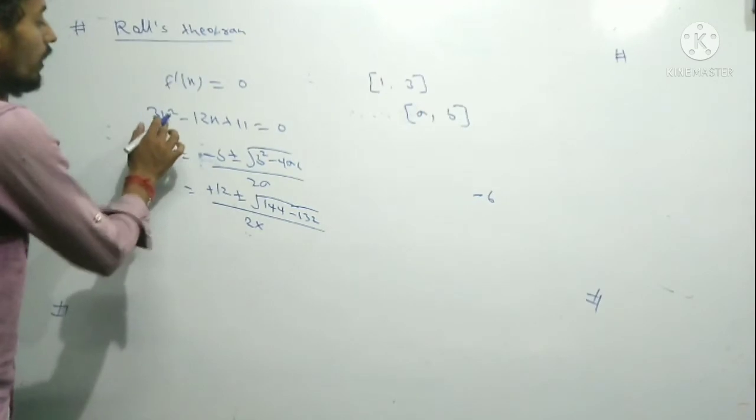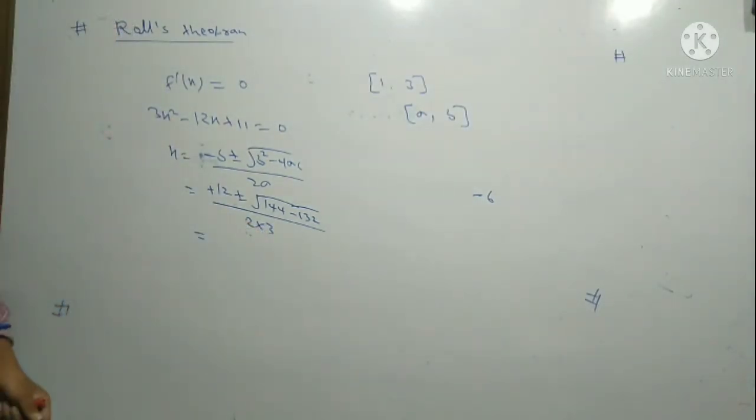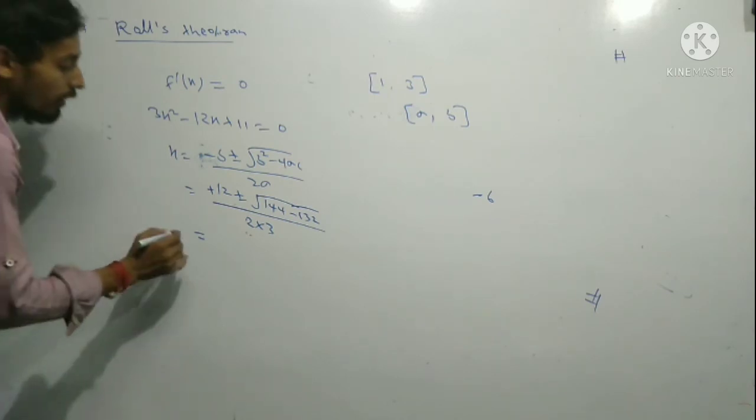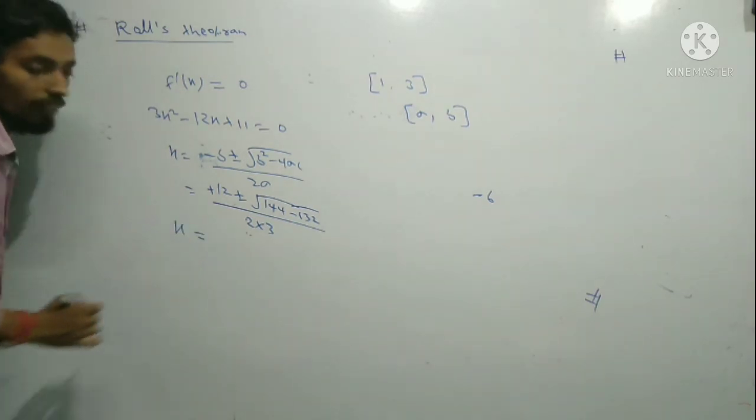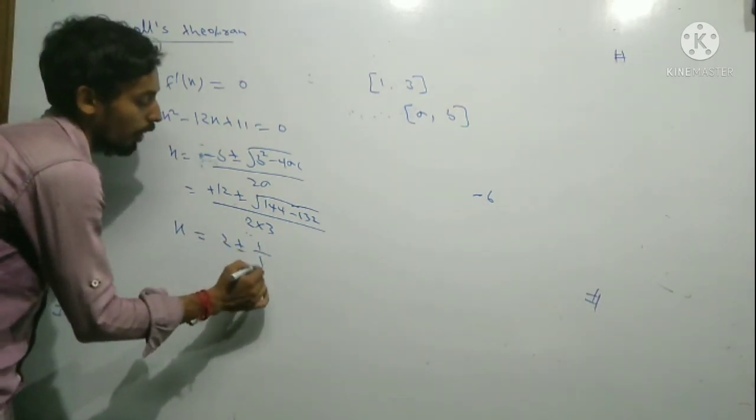What is the value of a? The value of a is 3. So we get the value of x equal to 2 plus or minus 1 by root 3.